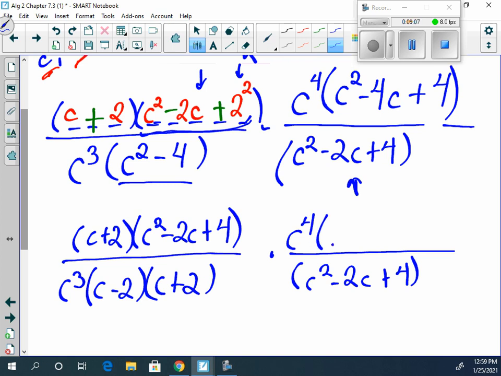Now the only thing we have left to factor is c squared minus 4c plus 4. Since the 4 is positive, the signs are the what? They're going to be the same. And they're both going to be negative, because they match the sign of the middle term. Now the factors of c squared would be c and c.